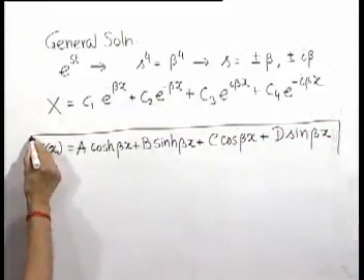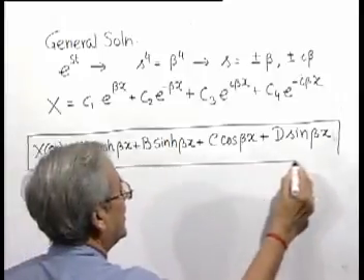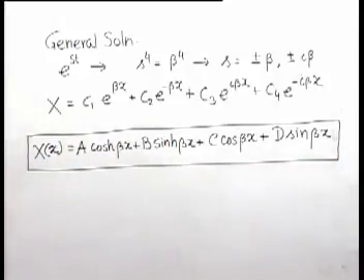A, B, C, D, etc., including beta, will be determined by the boundary conditions.